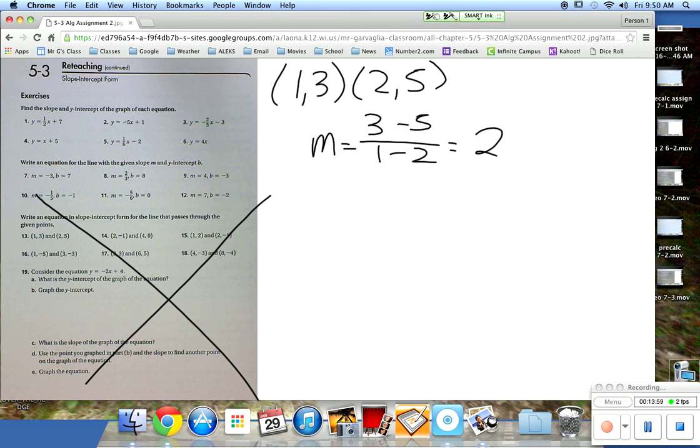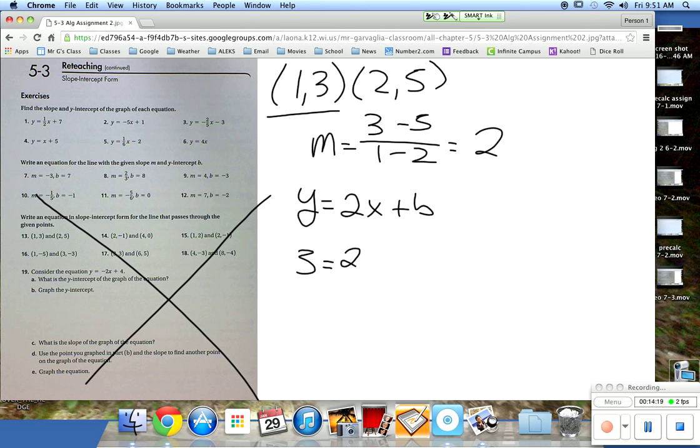Now I can do this. Y equals 2x plus b. We've got that much of our equation. Now I'm going to take one of my coordinate points and plug it in. I'm going to try with 1 and 3. My y is 3.